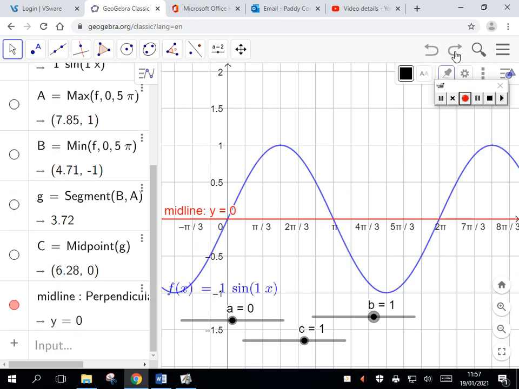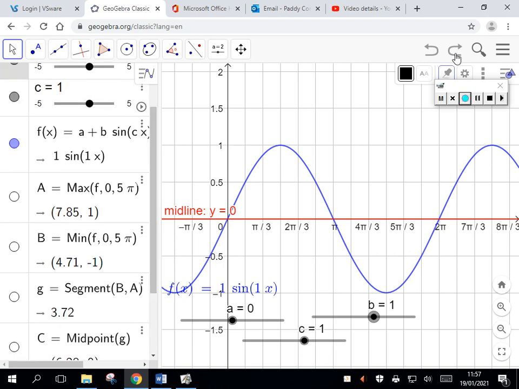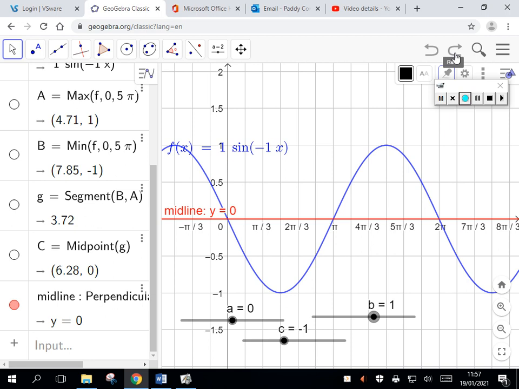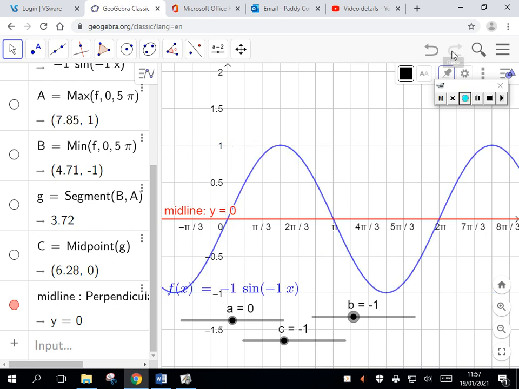So the first reflection I did, changing C to -1, is across the y-axis, and then changing this coefficient B to -1, that's going to be across the x-axis. So we're back in here, -1 sine -1x.